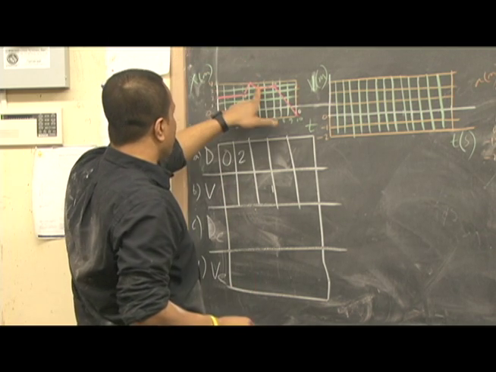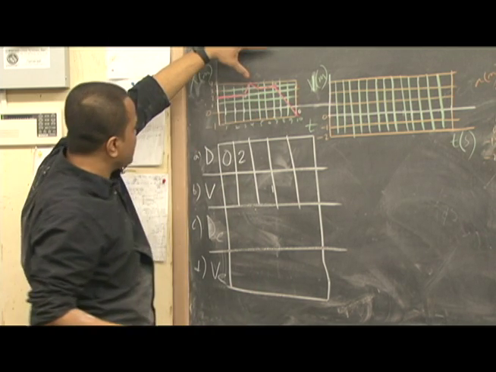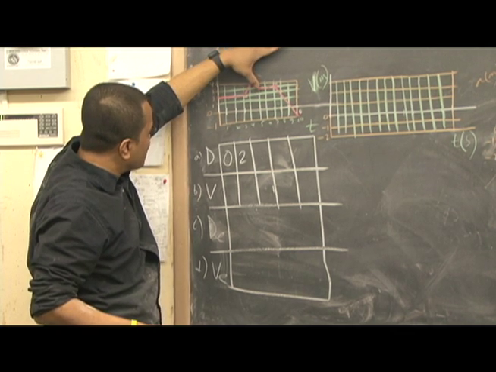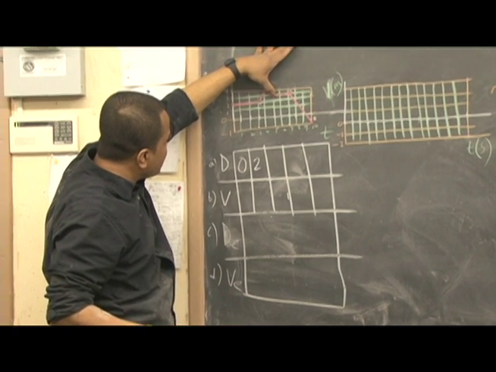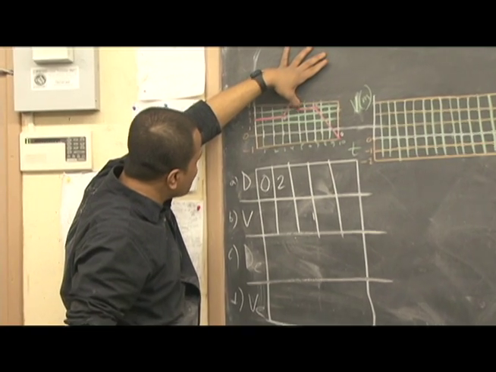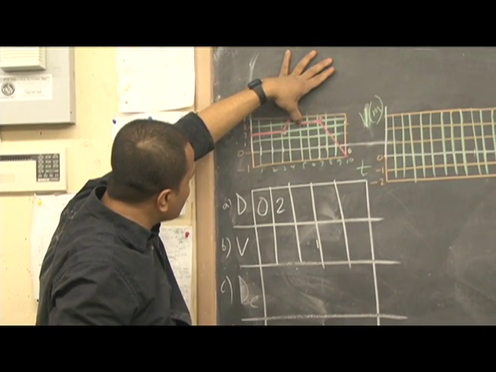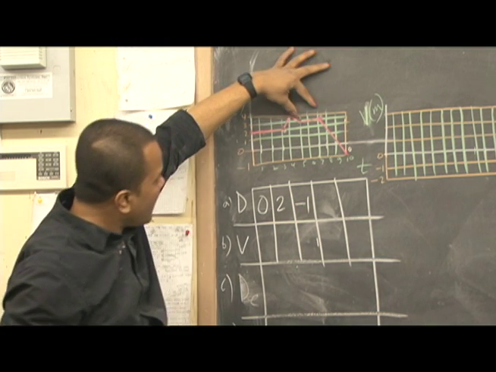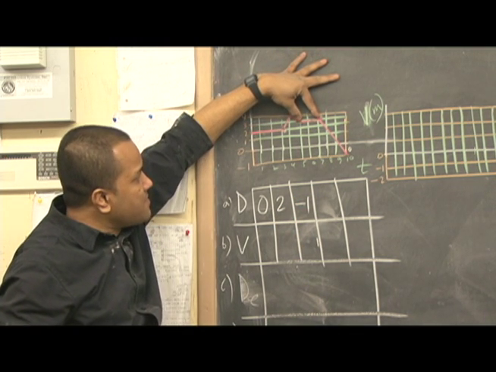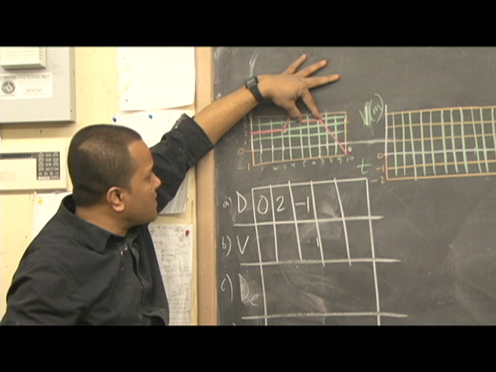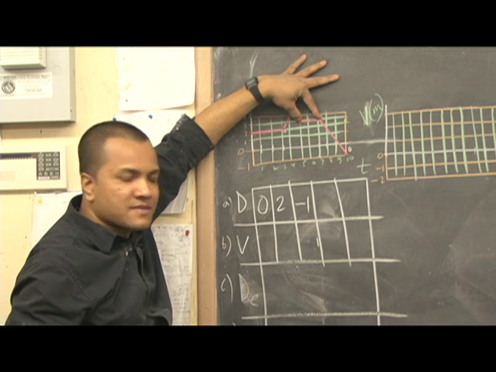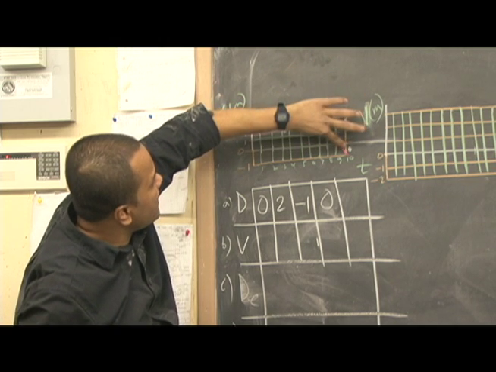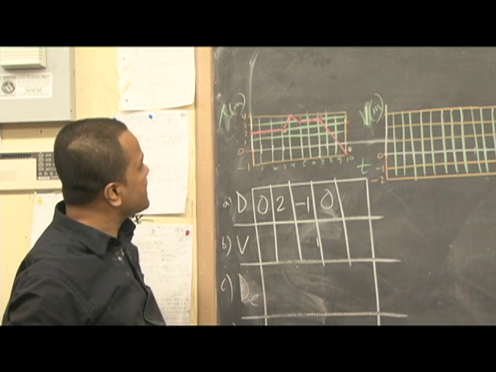What about here? I'm not going to do everything because we already did it enough, so you should be able to understand. This is x2 minus x1, x2 is 3, x1 is 4, so minus 1. Here the displacement is just 0 because 3 minus 3 is 0. Here the displacement is what?